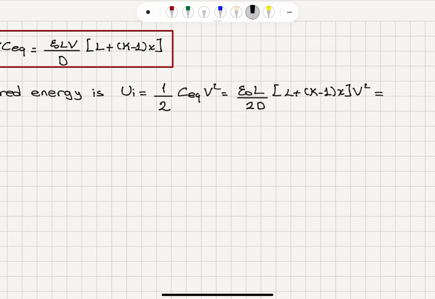And this is equal to the charge stored Q squared divided by twice the equivalent capacitance.